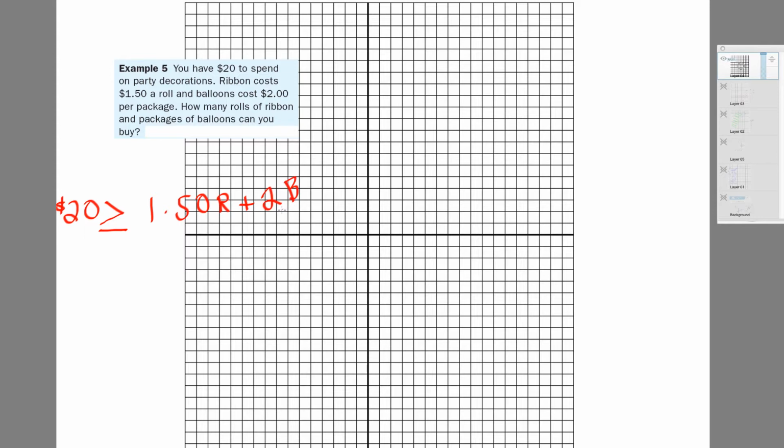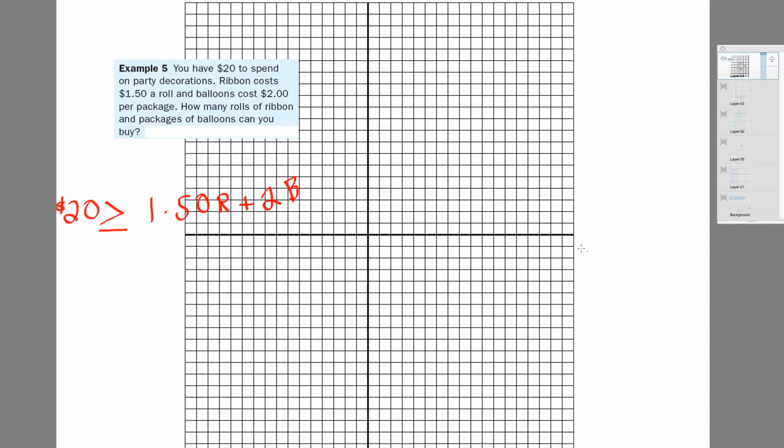Well, I can graph this inequality and get some sense of my answers. This is a quadrant 1 problem. By that I mean quadrant 1 is here, the ribbons and balloons are going to be positive. I will not have negative balloons nor negative ribbons. I need to decide which one is R and which one is B. Since I wrote R first, I'm going to put that here.